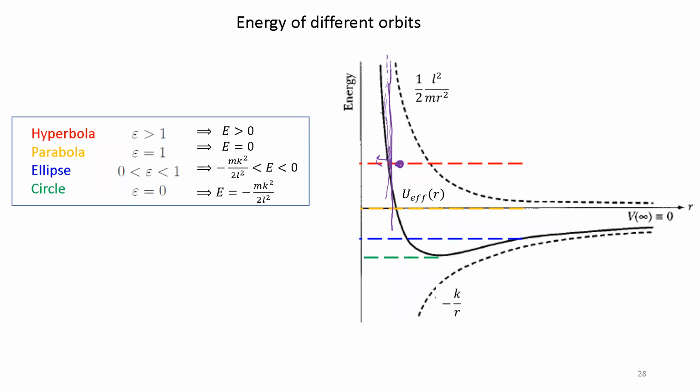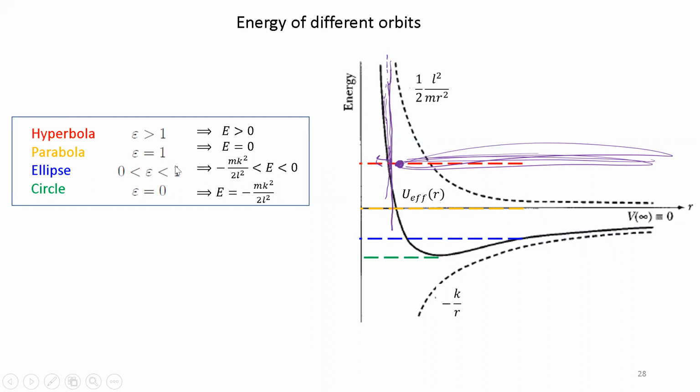In this region over here, the potential energy is higher than the total energy, so you cannot get a positive kinetic energy. So you are not allowed to move over here, but you are allowed to move anywhere in this region.